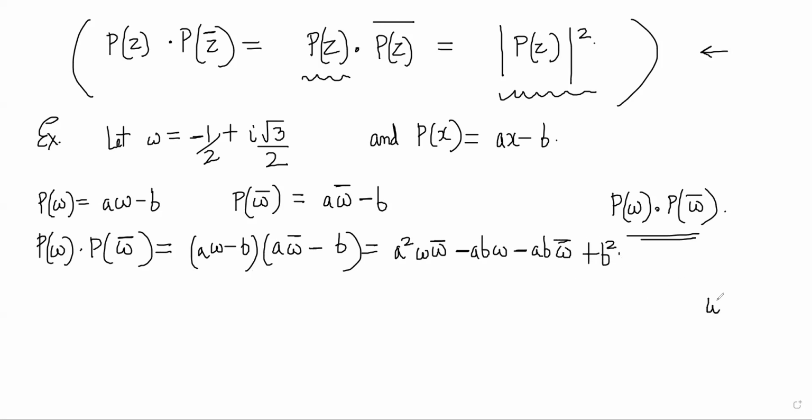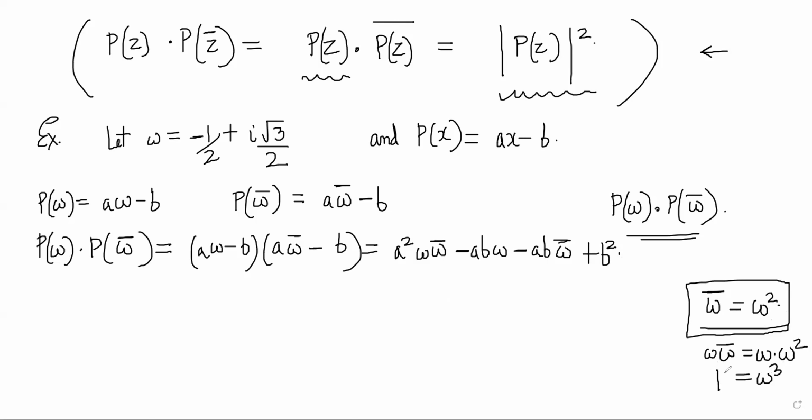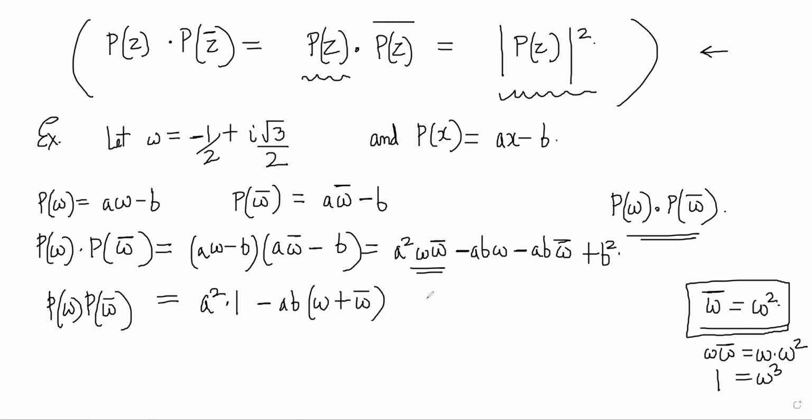Now think about it. What is w conjugate? w conjugate is equal to w square. This is a property of cube roots of unity. So w times w conjugate is w times w square, which is w cube, which is 1, because this is a cube root of unity. So the product becomes a square into 1 minus ab times (w plus w conjugate) plus b square.